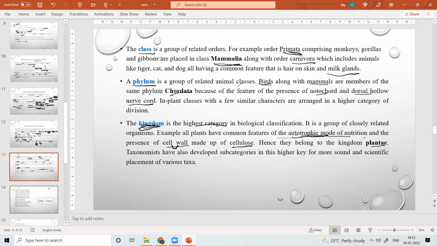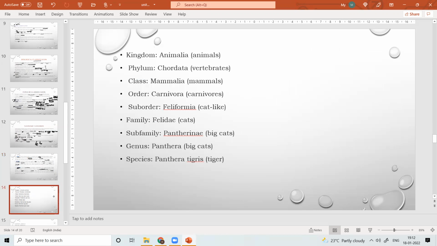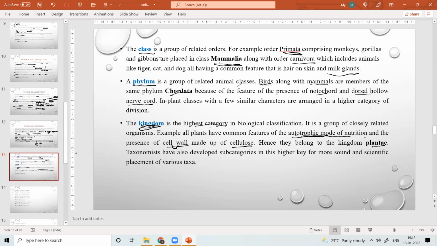There are also subcategories, in order to make things clearer. As we discussed, kingdom is the highest rank, and it maybe shares some common characters among different phyla.